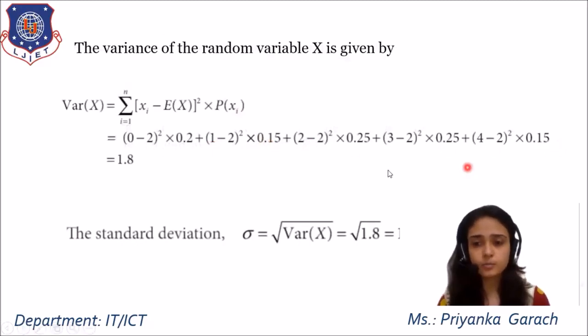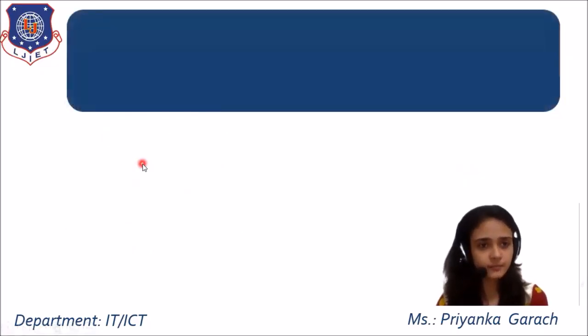Like this you can add up all the values and you get the variance as 1.8. For finding out the standard deviation, just take the square root of the variance and you will get the value of the standard deviation.